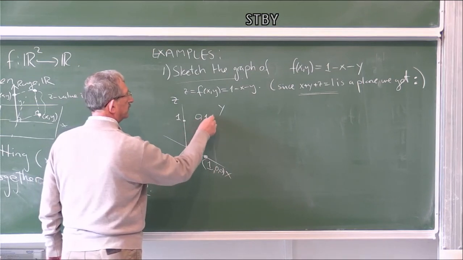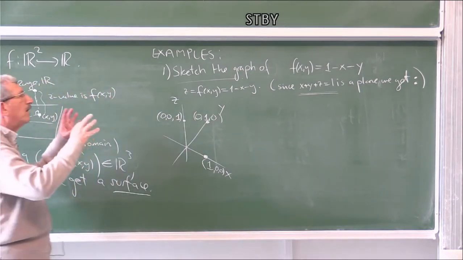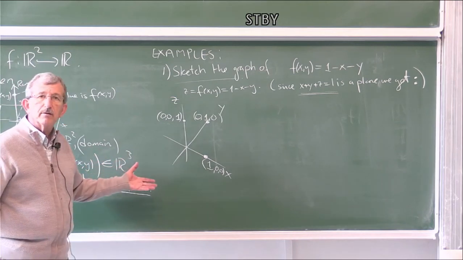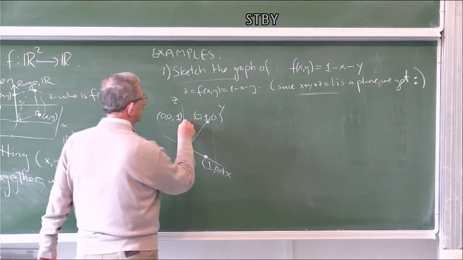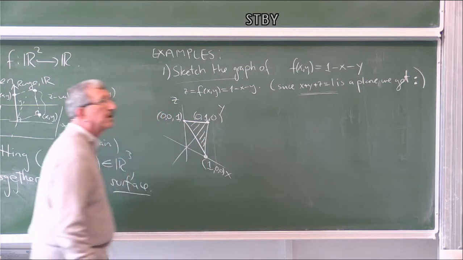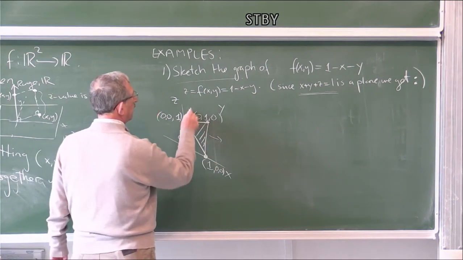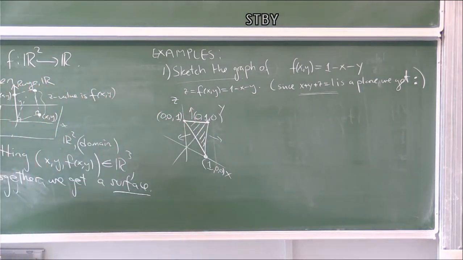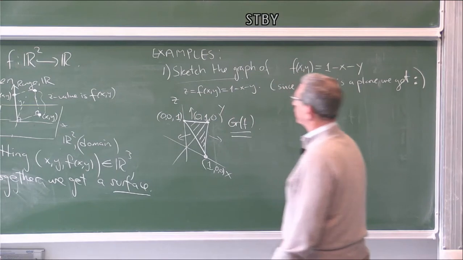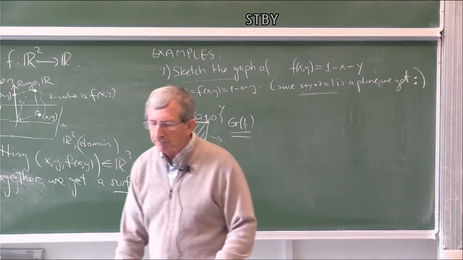This is 0, 1, 0, and this is 0, 0, 1. So these 3 points are obviously on the plane. It's a plane, so 3 points determine the plane. So we don't have to work too hard. So this is necessarily the plane determined by this triangle. Meaning, if you extend it as a plane in all directions, you get your plane. So this is the graph of f. So it was a well-known example because we considered planes before.